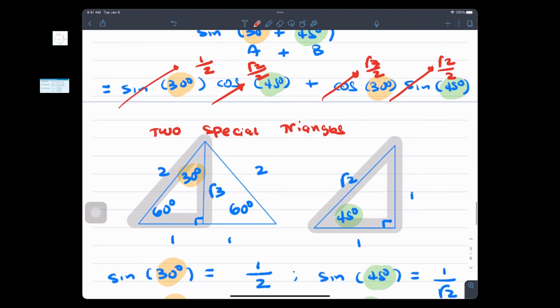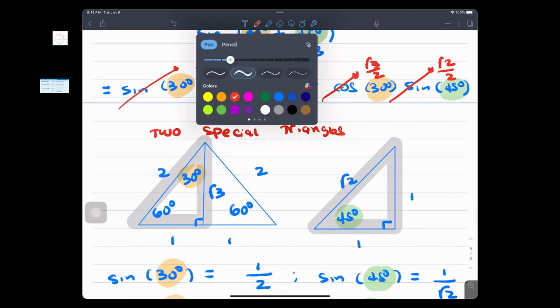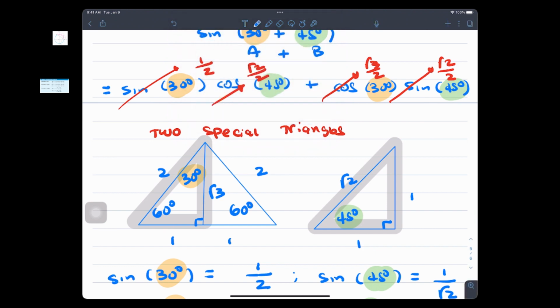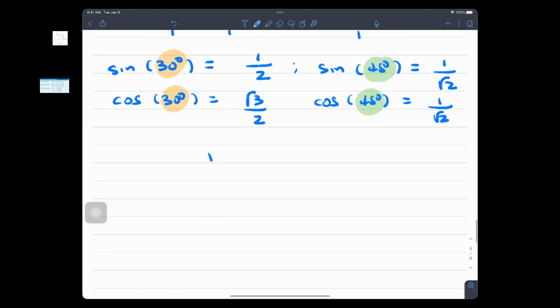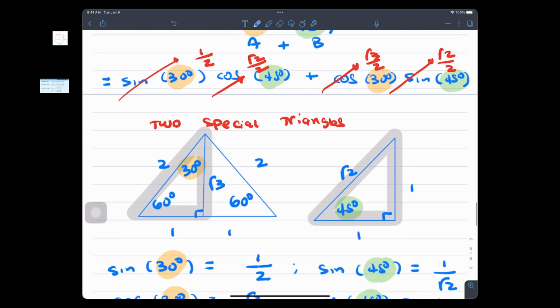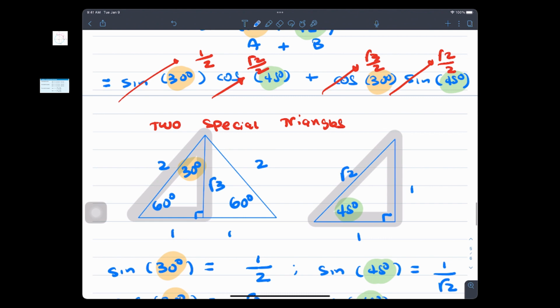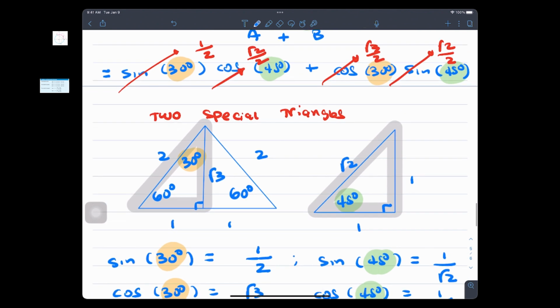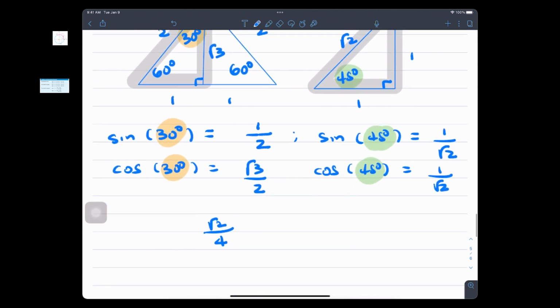So what do you guys end up with if you do the arithmetic now? What's the arithmetic going to give us? It's going to be the square root of 2 over 4 now. Is that right? Plus square root of 3 over 2 times square root of 2 over 2. Isn't that plus the square root of 6 over 4, ladies and gentlemen?